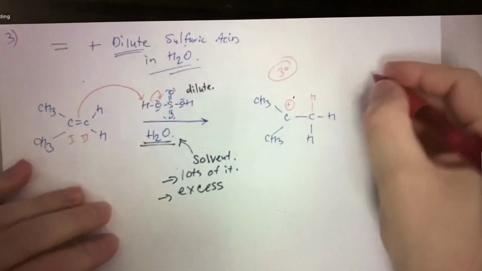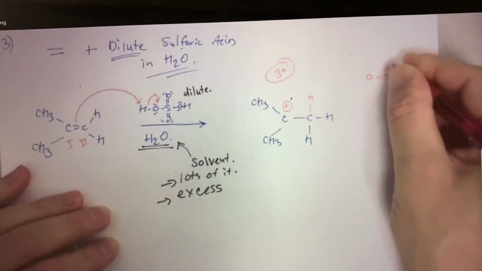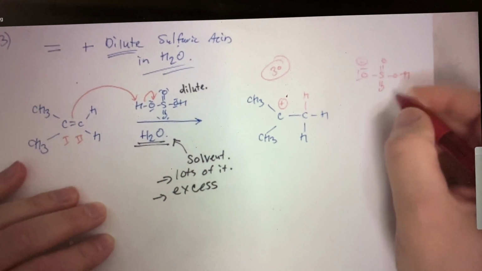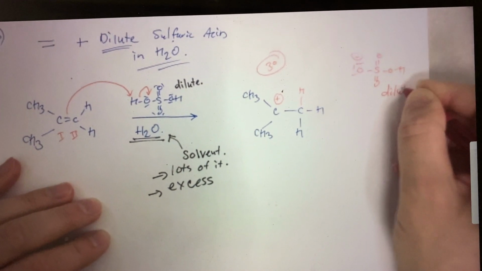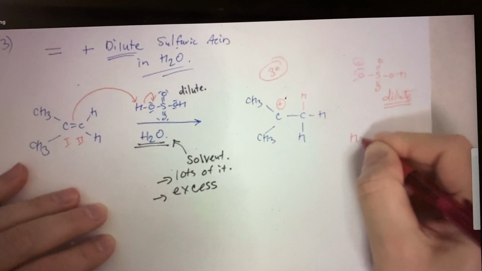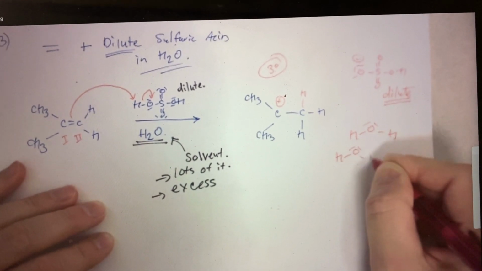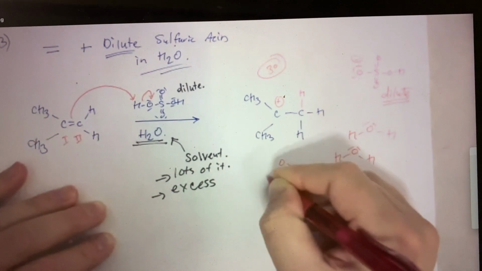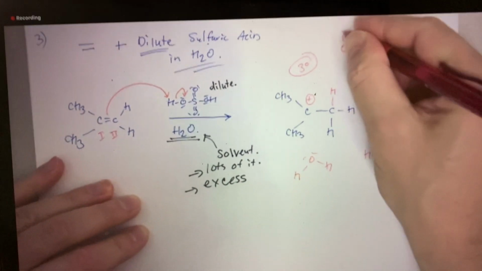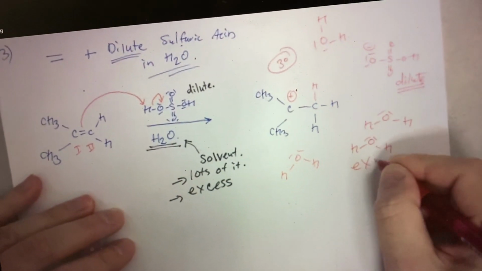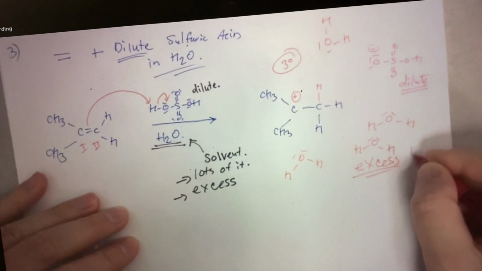Now, previously, we had sulfate adding in the last example. But this is very dilute in this case, and water is in huge excess. You can just draw water everywhere, or you can just write that it's in excess, or that there's lots.